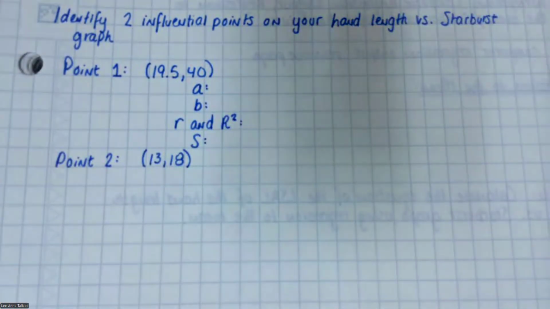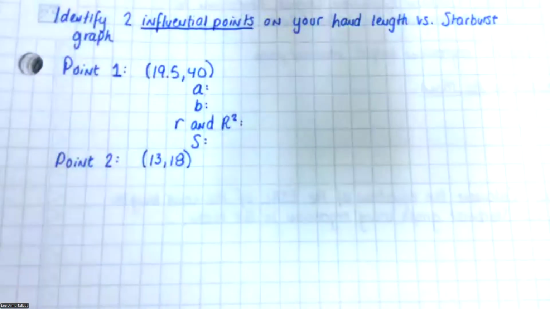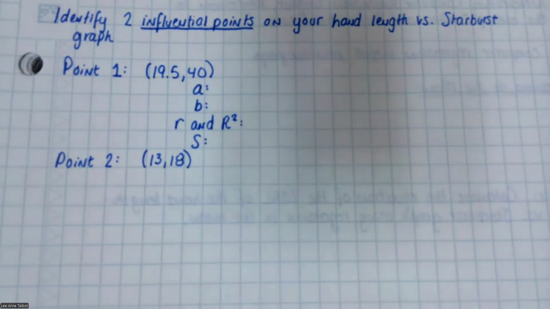For S, we're just going to have to use common sense. And then don't let me forget, we need to write that R squared interpretation on the pink page from yesterday that I didn't have time to do. And then we're done.